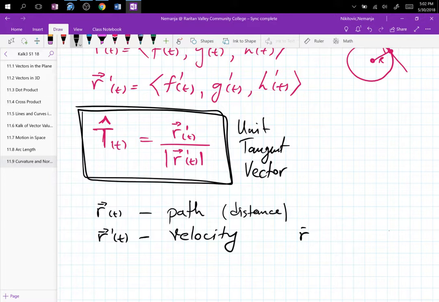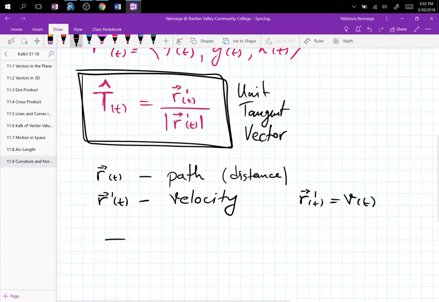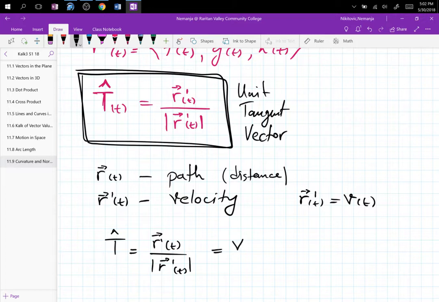So we know that r prime of t is actually v of t. That helps me recast my formula into v's. So this could be v of t divided by the magnitude of v of t.